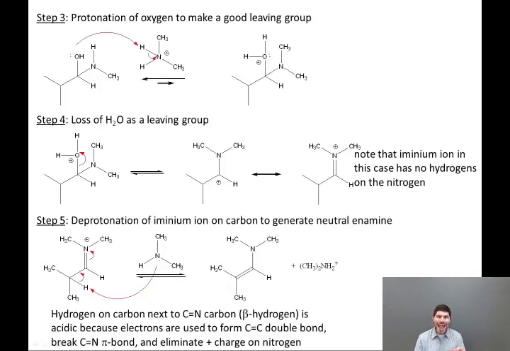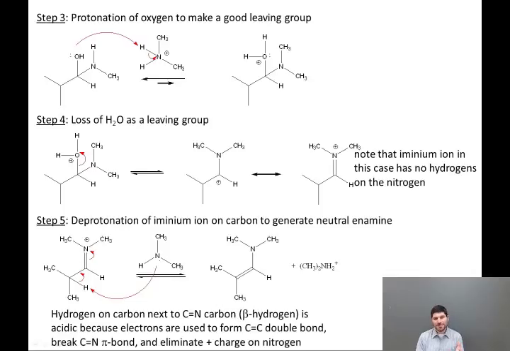So if you don't have any beta hydrogens, you cannot form an enamine. Luckily, I started with a molecule that does have a beta hydrogen. I didn't draw that beta hydrogen in explicitly until this final step because I didn't want you to start thinking about it before you needed to. But now you need to start thinking about it.